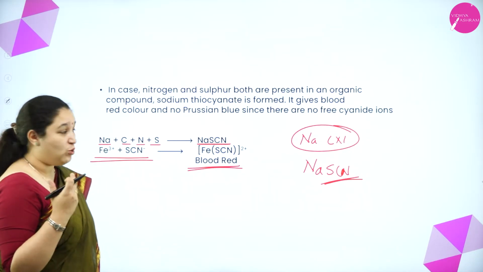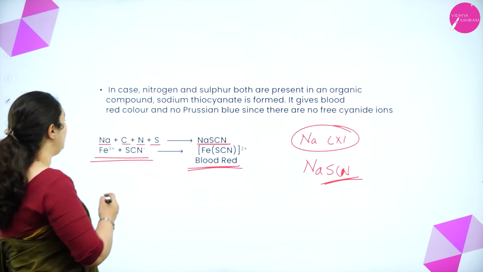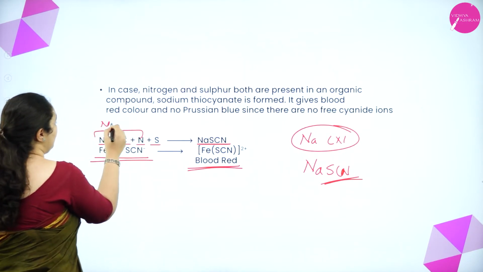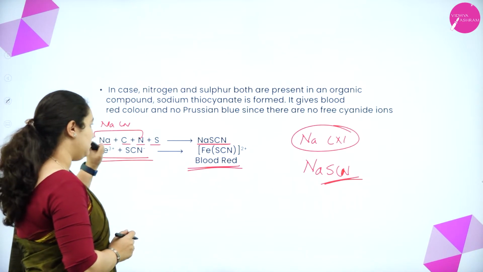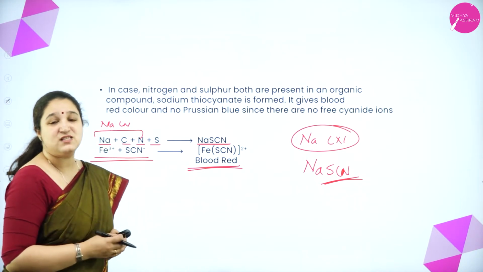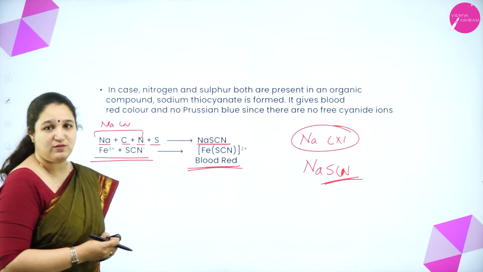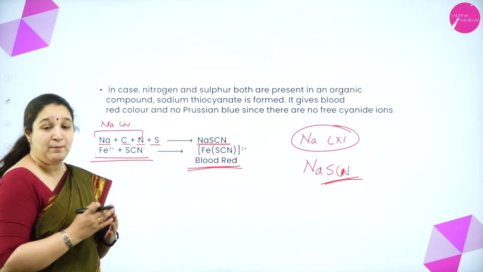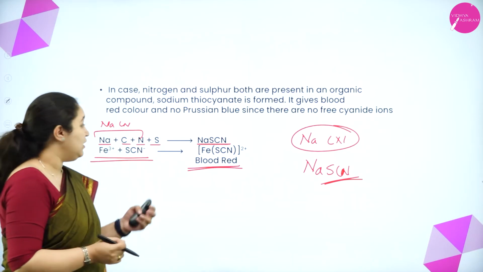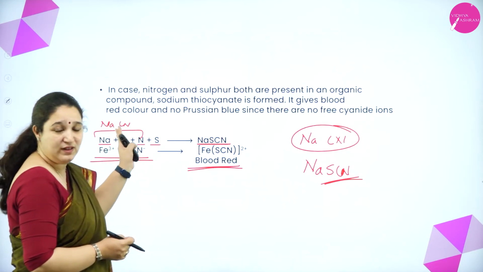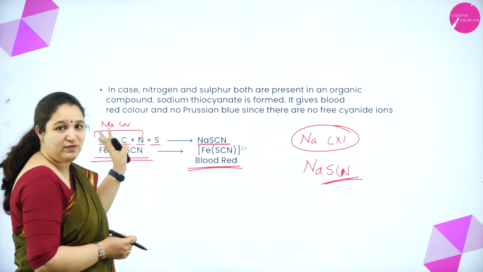Now, when only nitrogen is present, it will form NaCN, and when you add acidified ferrous sulfate solution, you will get blue color. But if sulfur is also present in the organic compound, you will not get blue color with acidified ferrous sulfate solution.